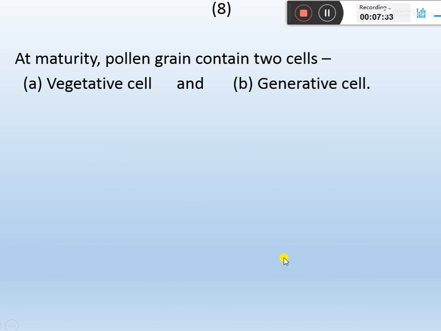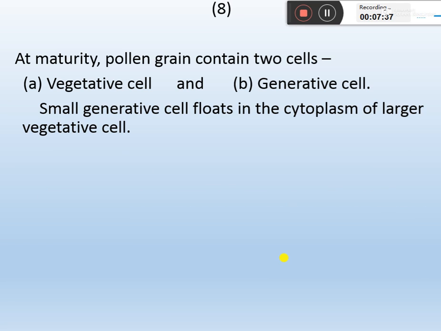At maturity, each pollen grain contains 2 cells, the vegetative cell and the generative cell. The vegetative cell is rich in carbohydrates, proteins and fat-like materials, which help the generative cell divide to form the 2 male gametes.